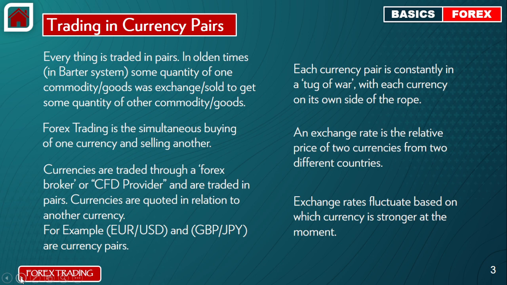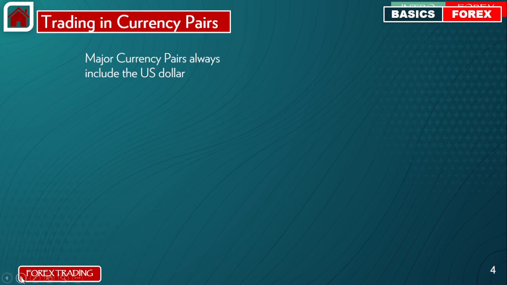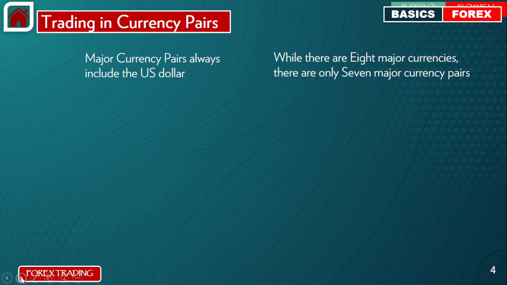An exchange rate is the relative price of two currencies from two different countries, and exchange rates fluctuate based on which currency is stronger at the moment. Major currency pairs always include the US dollar, as the US dollar has been the strongest currency for many decades. There are 8 major currencies, but only 7 major currency pairs.